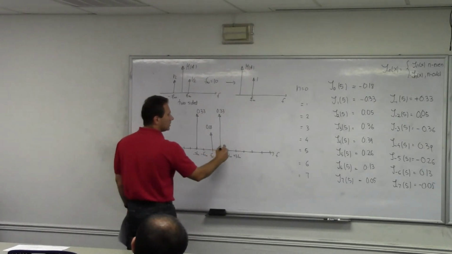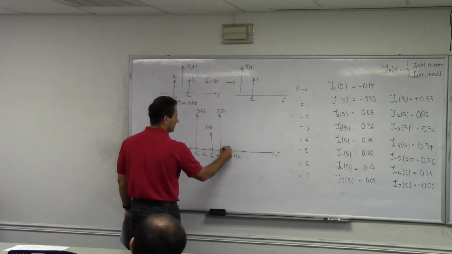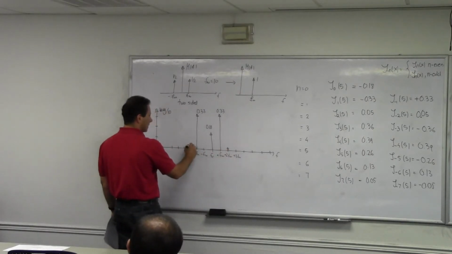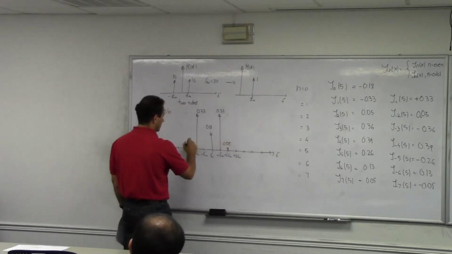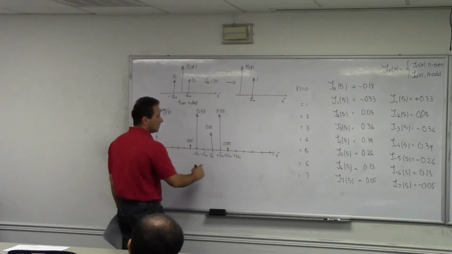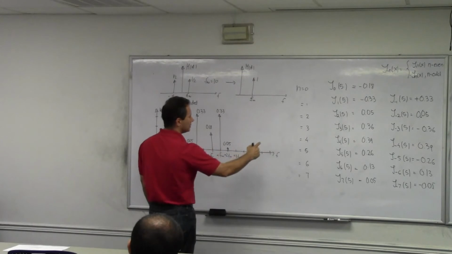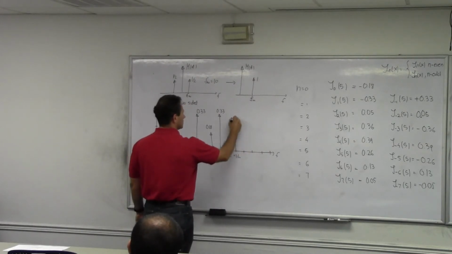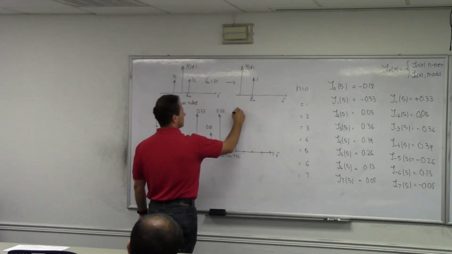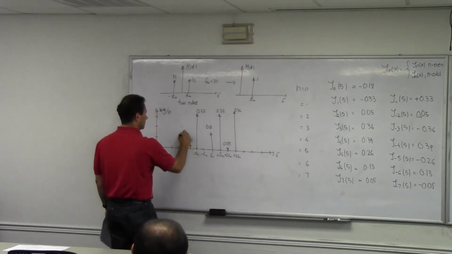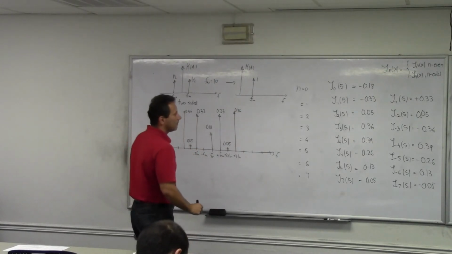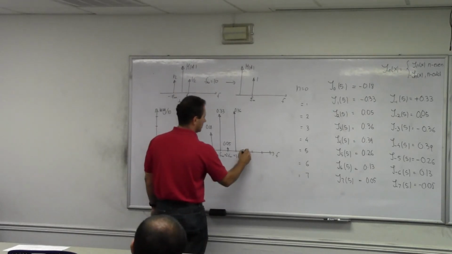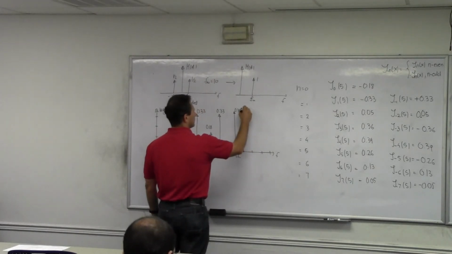Then the second component is really small, is here. Then this one is 0.05. Then the third component is 0.36, so this one goes like this. Then the fourth component is 0.39, even higher.